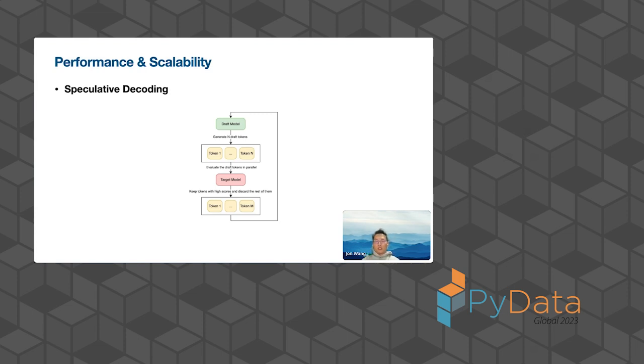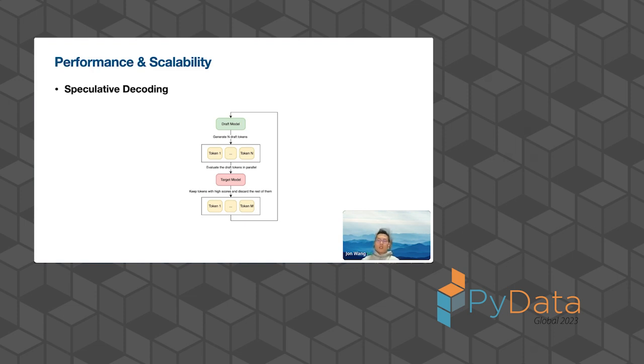You can actually get a score of the probability of each token in one iteration of the larger model. And once you get a score, you can determine whether this token is good or not.